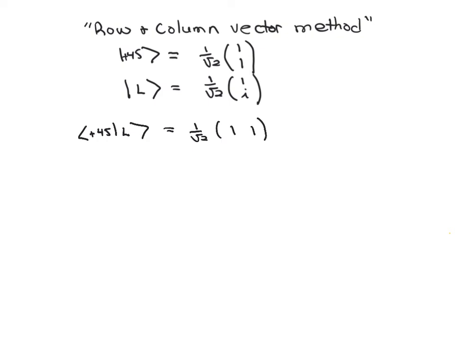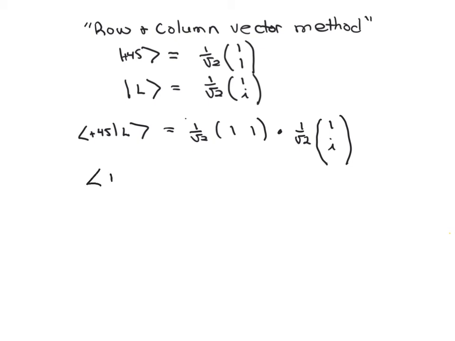And then I'm going to multiply it by the L, which again is 1 over the square root of 2 times 1, i. And now I'm just going to use the ordinary rules of the way you multiply matrices. The rule is I'm going to multiply the first times the first plus the second times the second. So what do we get when we do that?